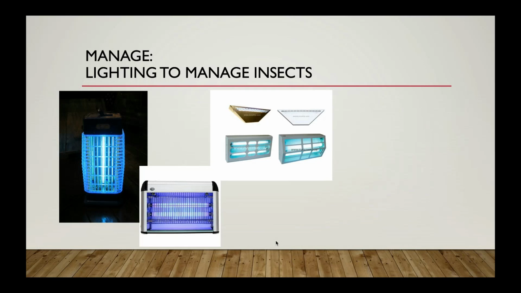Others only once a year or less. And so the light to us will look the same, but what you've got to do is check it. You can get a UV meter and test the light. And if the amount of UV light's gone down, then the bulb needs replacing. And so part of your job could be maintaining the light into the future.